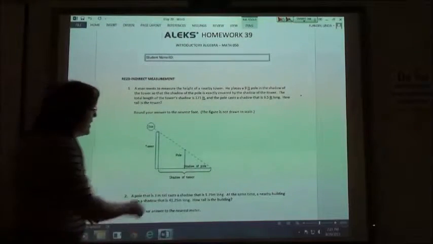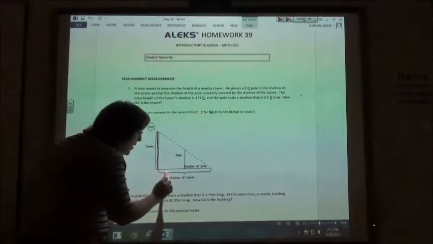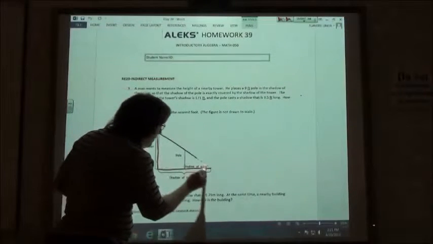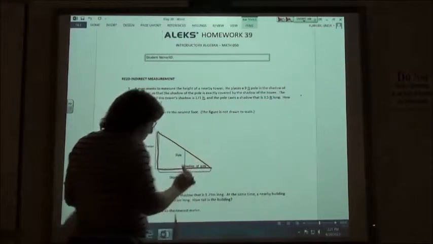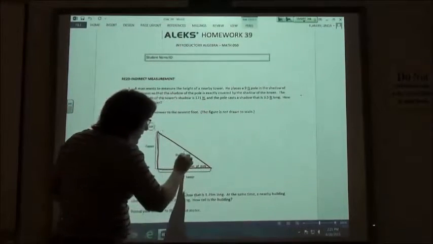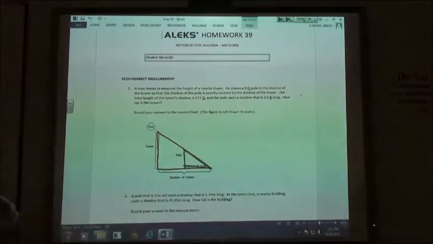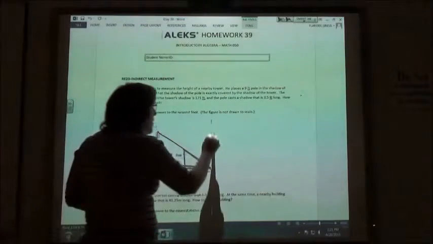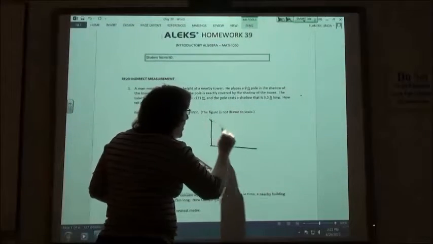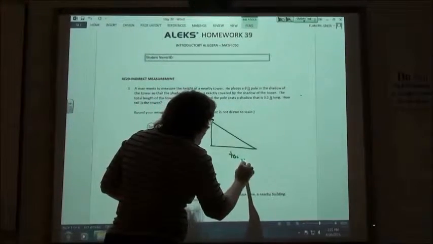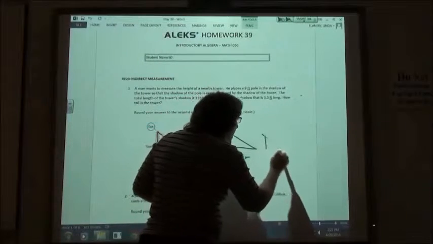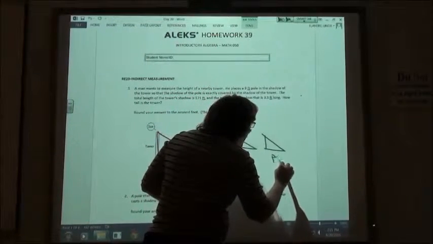Well, what happens is you have a bigger triangle here, and then you have the smaller triangle that's similar here. So I could have them separated into my big triangle from my tower and my little triangle from my pole.